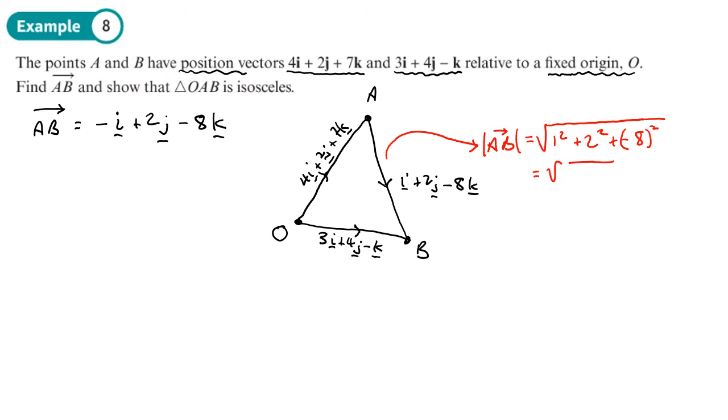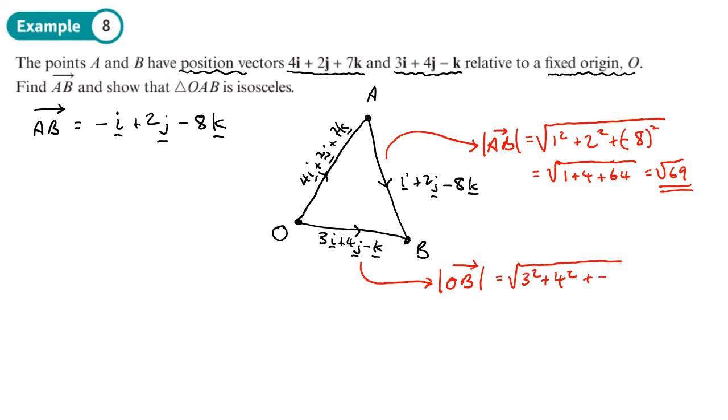So that's going to be 1 plus 4 plus 64, so that's 69, so that's root 69, that one. So that's the length of AB. Let's have a look at the other two. So let's do this one here. So we're going to be working out the length of OB, and that will be the square root of 3 squared plus 4 squared plus negative 1 squared. So that will be 9 plus 16, which is 25, plus 1, which is 26.